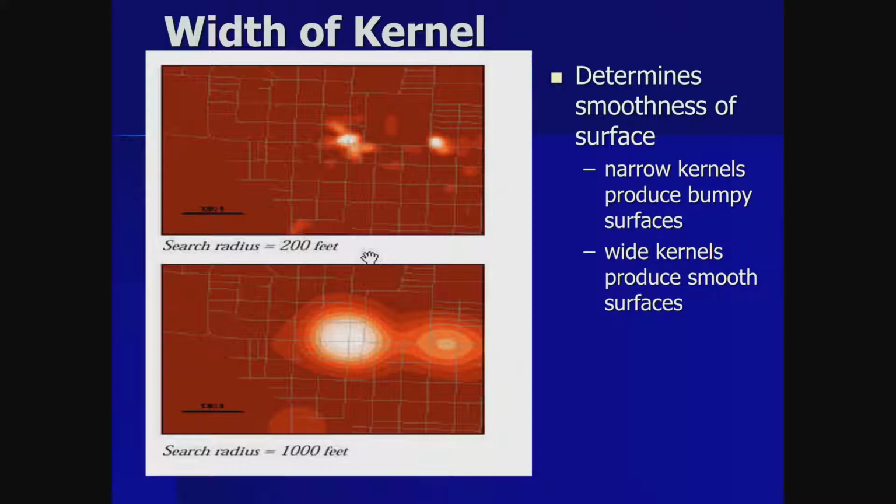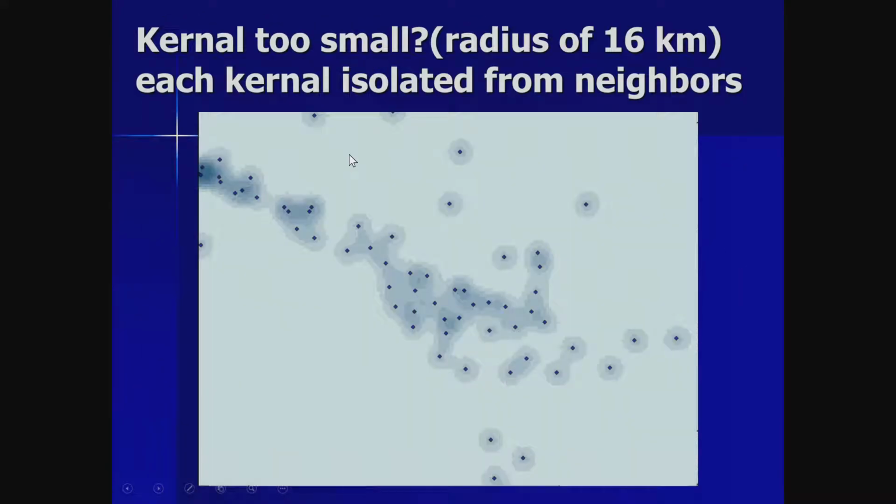Because it can be useful for that, since it's a surrogate for the amount of people per area around you. It's just that you're changing the area around you. That's the difference between these two. You're looking at 1,000 feet out versus 200 feet out. Maybe there's a different reason for doing that. So here's another example.